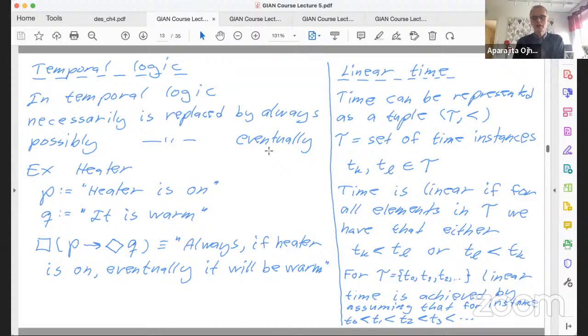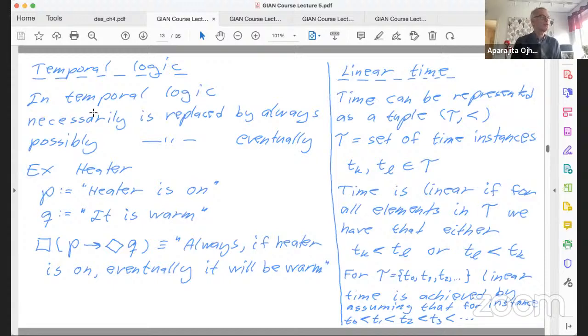So for instance, linear time means that I can say that T0 is less than T1, which is less than T2 and less than T3. Things are happening in a sequential order. That is linear time. And then we could say that the usual feeling of time is that it is linear, nothing else.